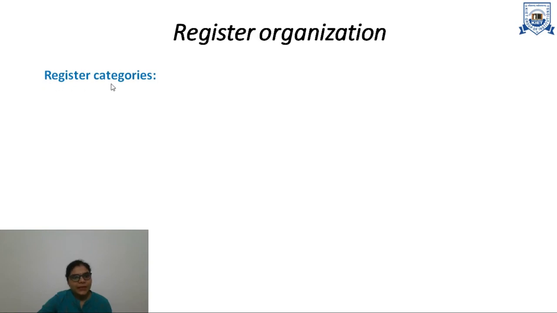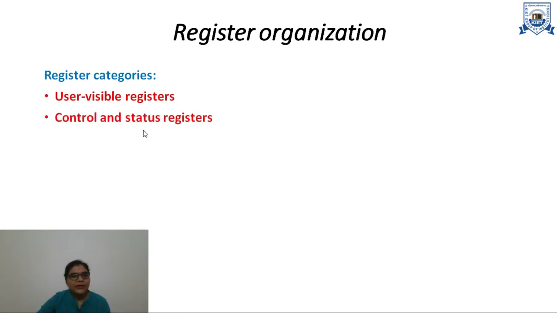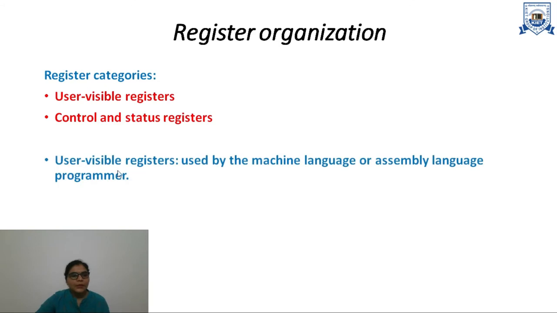So we have some categories of registers in a processor. These are user visible registers, and second, control and status registers. User visible registers, as the name suggests, are visible to the programmer, or we can say these registers can be used by the programmer.